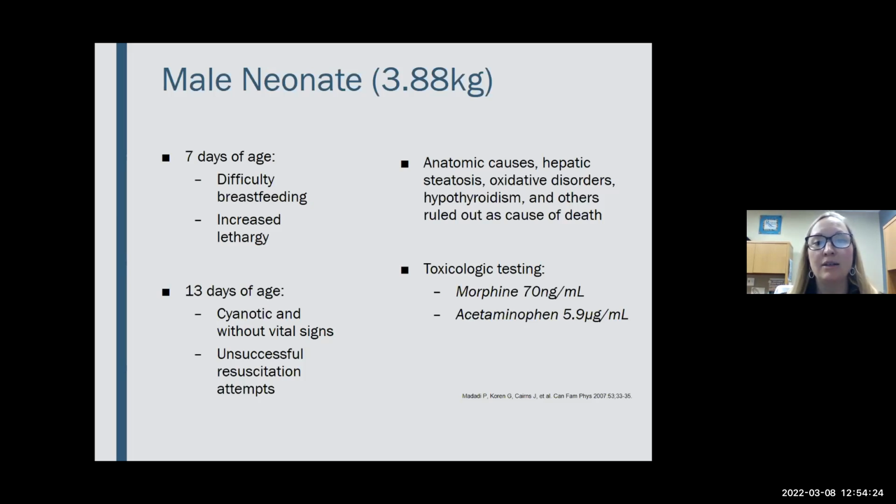Any other cause of death was ruled out in this patient. Toxicology reports showed his morphine serum concentration was 70 nanograms per milliliter. In a normal infant receiving morphine, it would be 10 to 12 nanograms per milliliter. So he was 7 times the limit.